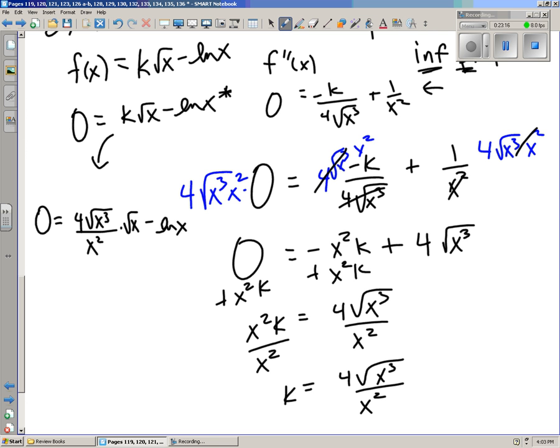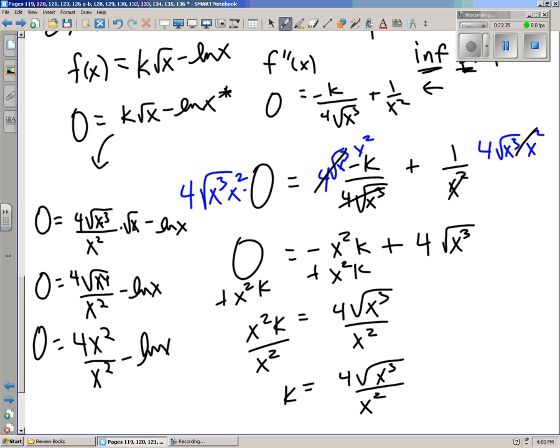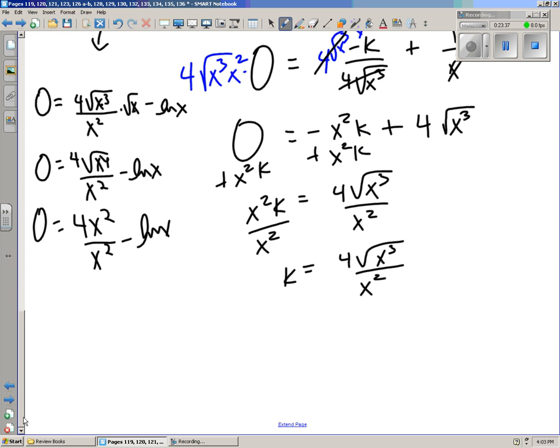All right. Interesting. x cubed times x is x to the 4th. So we get 4 square root of x to the 4th over x squared minus ln of x. But square root of x to the 4th, so long as x is positive, is just x squared. So 4 over x squared times x squared, as long as x is not 0, which it can't be, is 4.